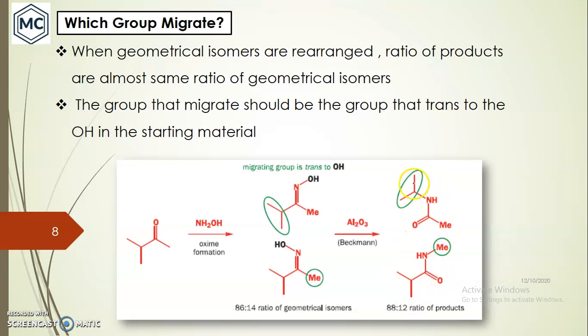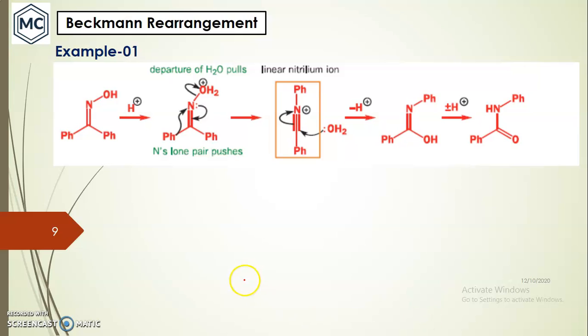In the first case, the isopropyl group is migrated, and in the second case, methyl is migrated, and the ratio is 88 to 12.